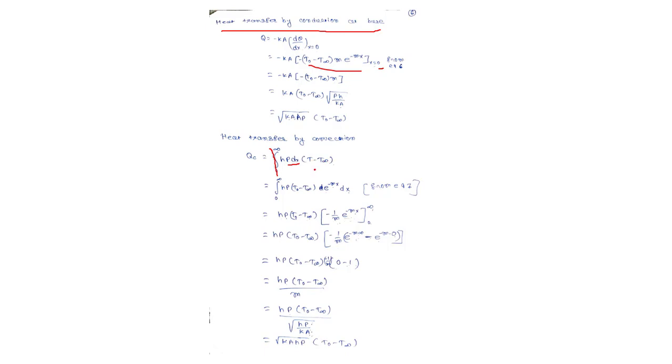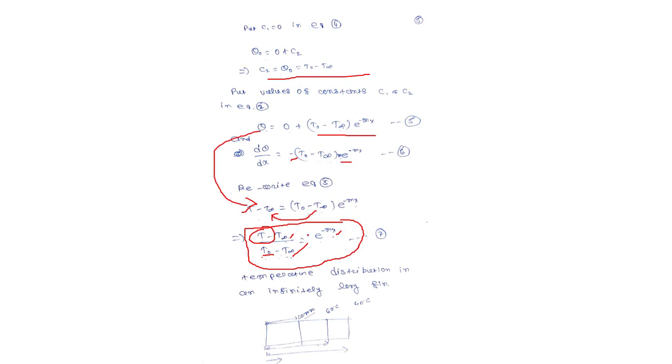We don't know the value of T as we don't know the distance, so we are just replacing T with T0. So from this equation we can get T − T∞ equal to e raised to minus mx times (T0 − T∞).